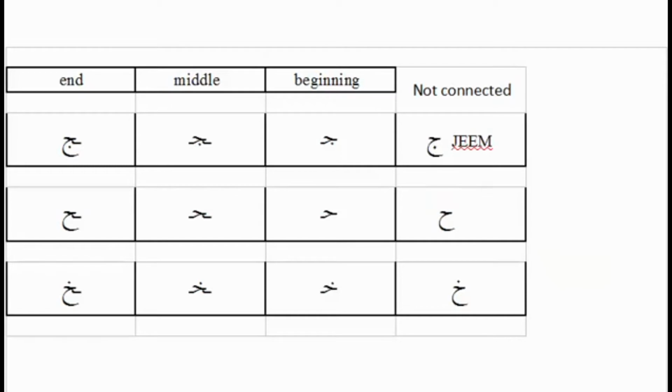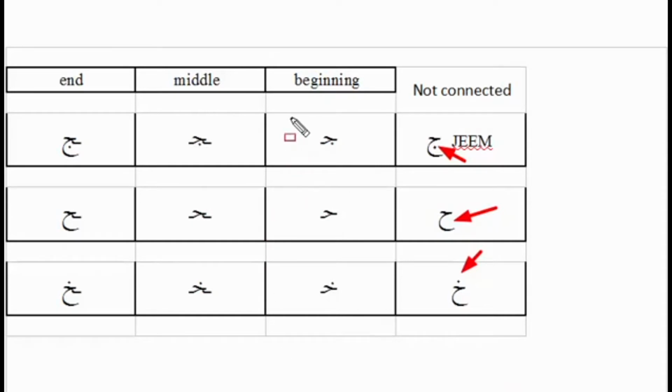So if you look with me here, what is the difference between both? Actually, nothing except the dot. This one has a dot. This one does not have a dot. And letter Kha has a dot on the top. That's all. Otherwise, there is no difference. If you look at them, they look exactly the same.